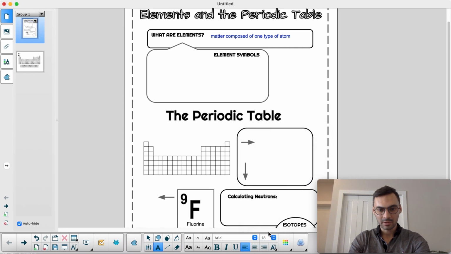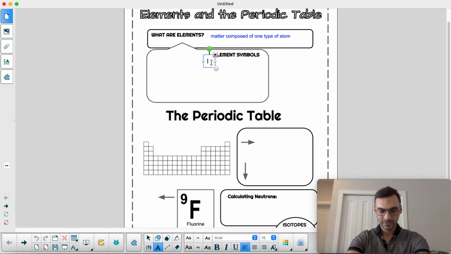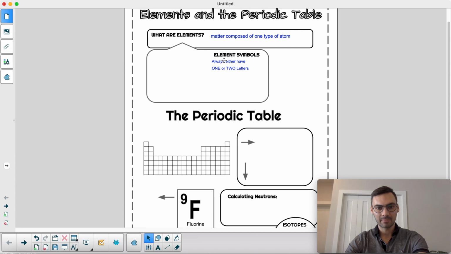Make this a little bit smaller. They will always either have one or two letters. Elements and their symbols will be made up of either one or two letters. And there is a rule that the first letter is always capitalized, and if there is a second letter, that will be a lowercase.